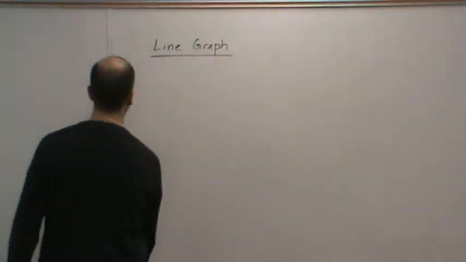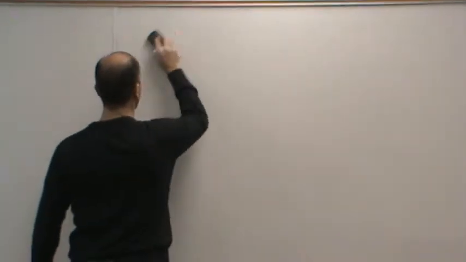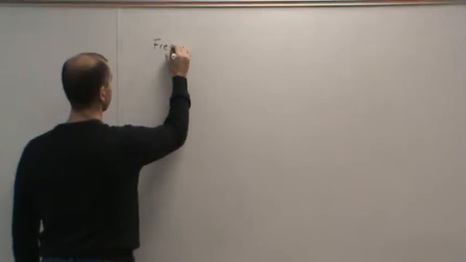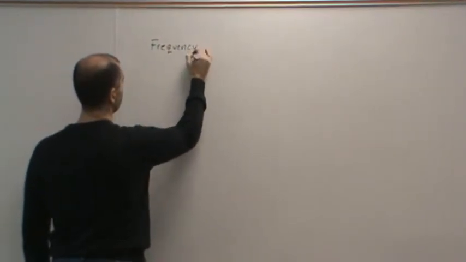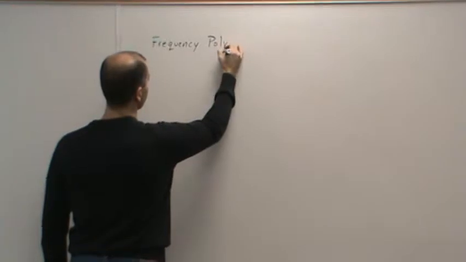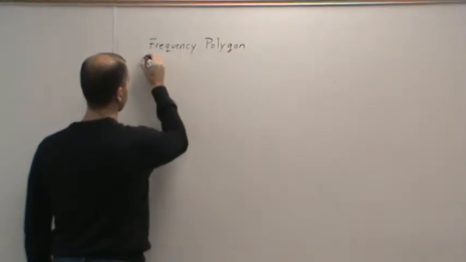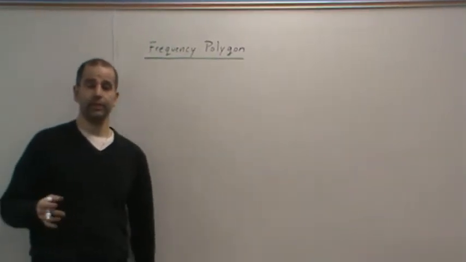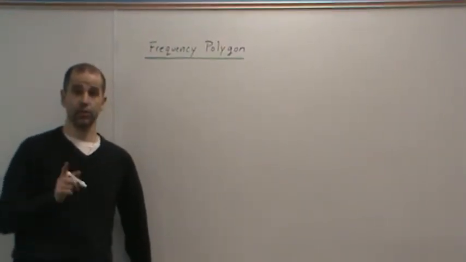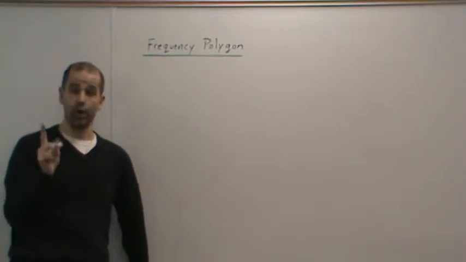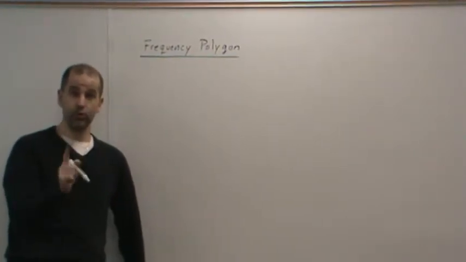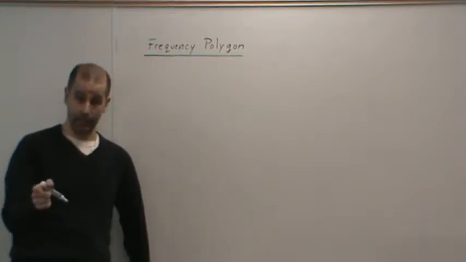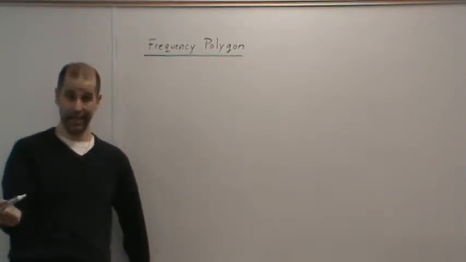Okay. Now, to construct a frequency polygon, this is used with continuous data. So a typical line graph is used with specific observed data, so ungrouped data. Okay, so discrete data sets.